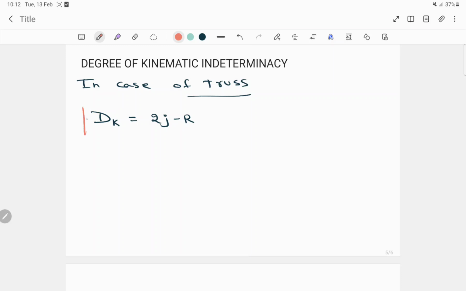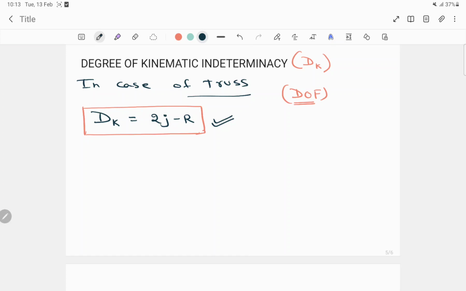I have already mentioned that the degree of kinematic indeterminacy is denoted by the term dk, d suffix k, and the other name of the degree of kinematic indeterminacy is degree of freedom, in short DOF. So now I'll start with the topic, degree of kinematic indeterminacy in case of the truss. This is the formula.